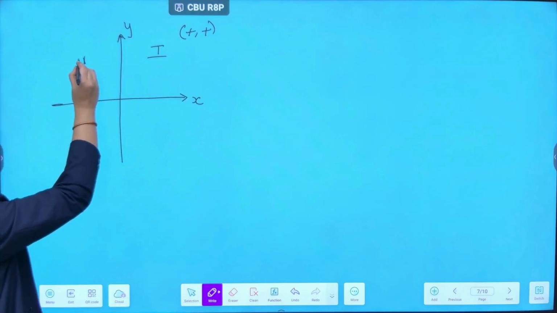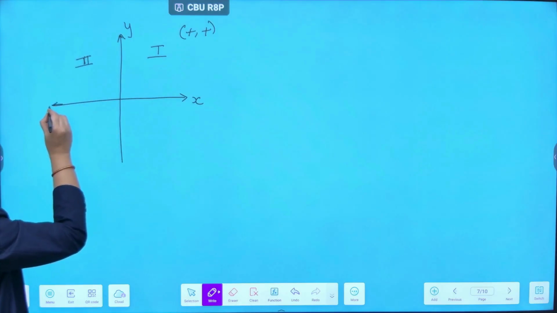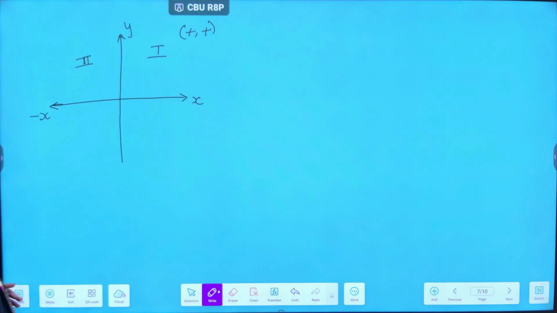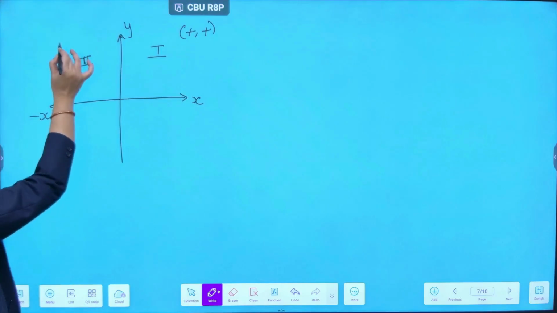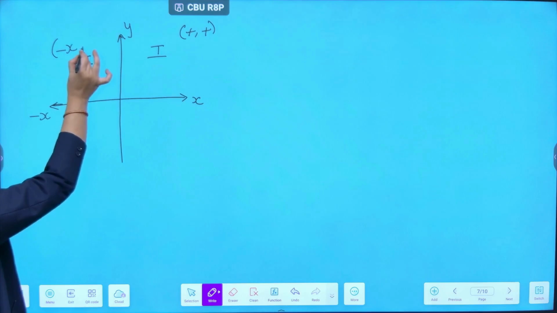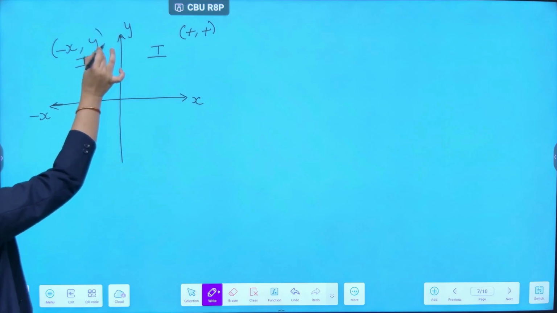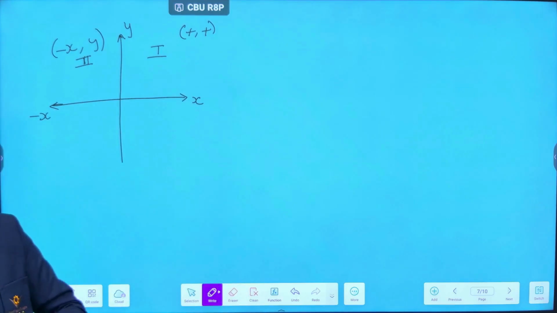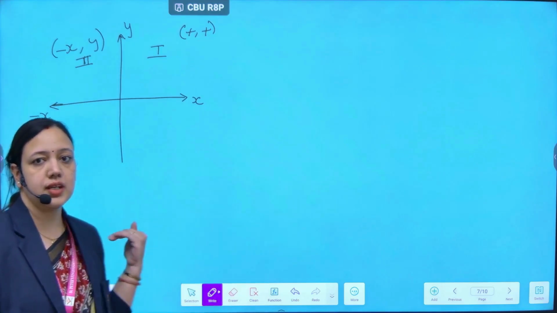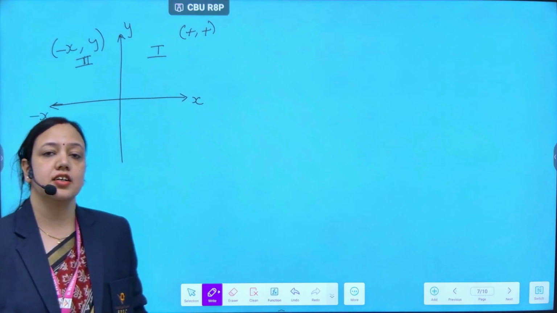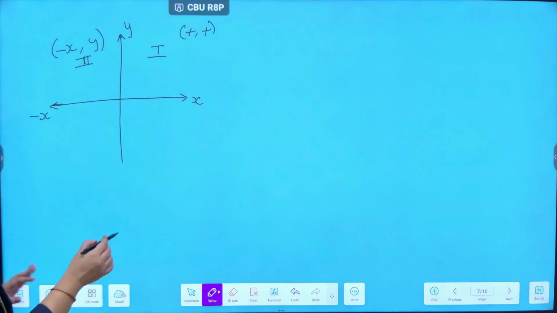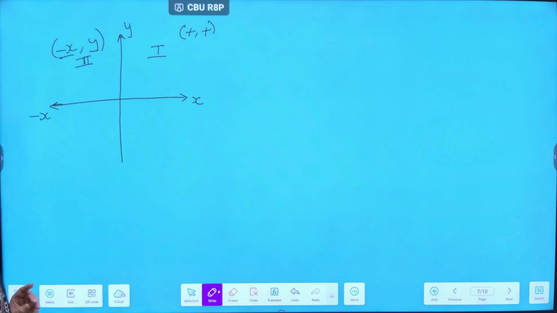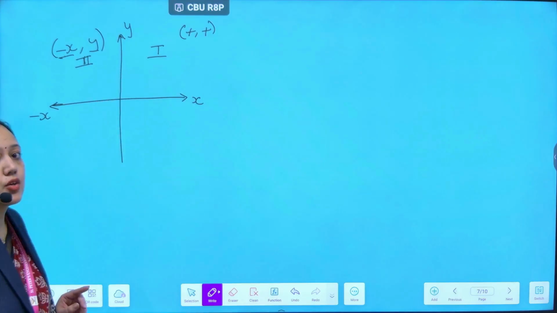If we are working in the second quadrant, x-axis is negative, y-axis is positive. For the resolved forces, we have to see the result after using the sign convention: upward positive, downward negative, moving away positive, moving inward negative. After following the sign convention, we have to understand what we got. If we got Fx as negative and Fy as positive, it means it is lying in the second quadrant.